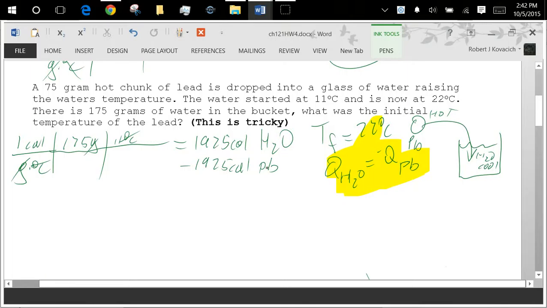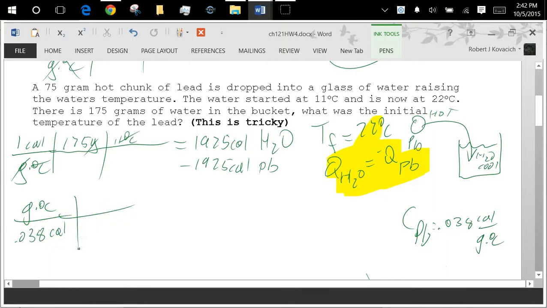Somebody have the lead specific heat? 0.038 calories per gram degree C. And so that's the specific heat of the lead. All right, so what I have here is a degree C, a gram, and a calorie. What I need, since I'm looking for the final temperature, is a degree C. So I'm going to write grams times degree C, 0.038 calories.